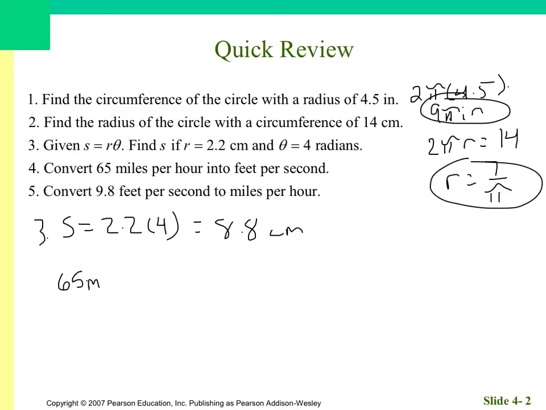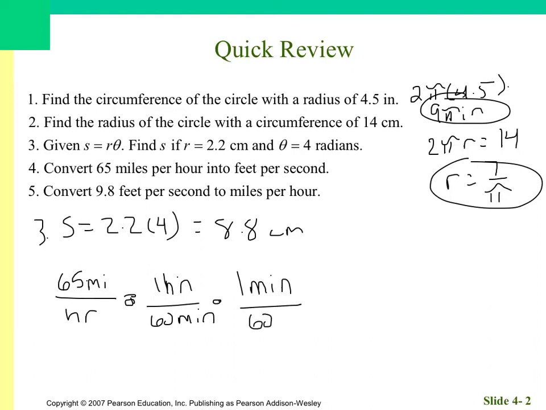So you have the miles over the hours. If you're doing that in 1 hour and you want per second, well, you got to go 1 hour for 60 minutes times 1 minute for 60 seconds.